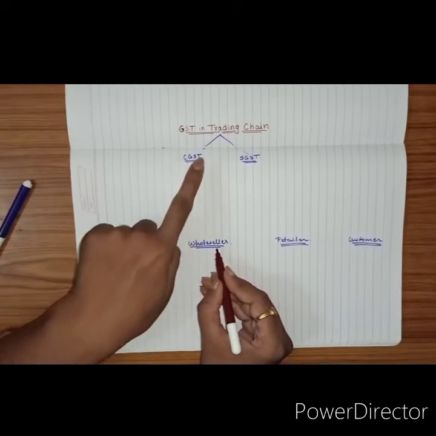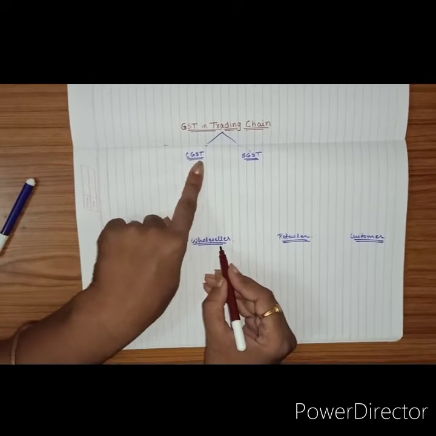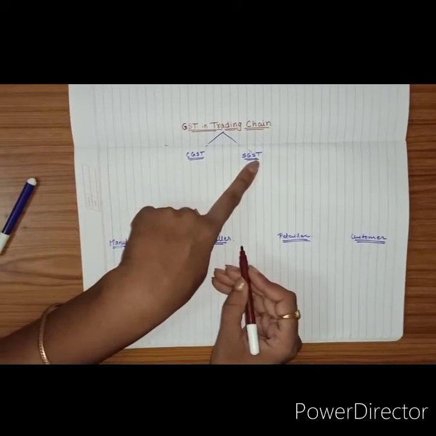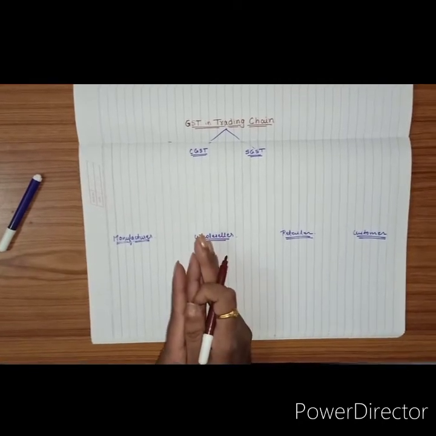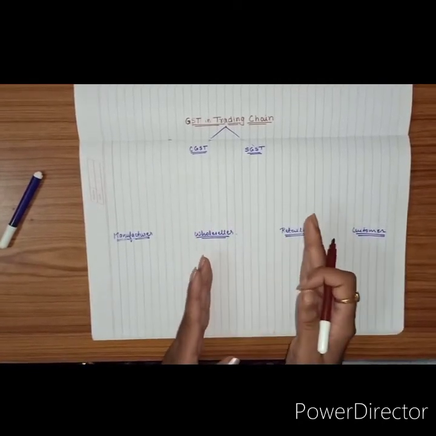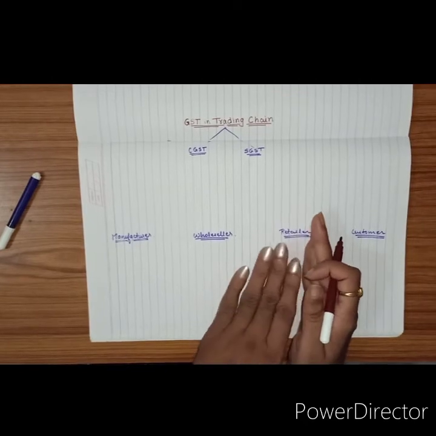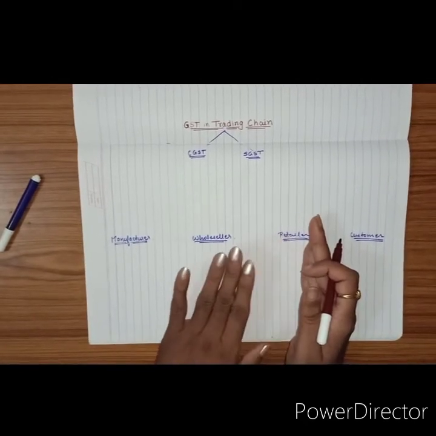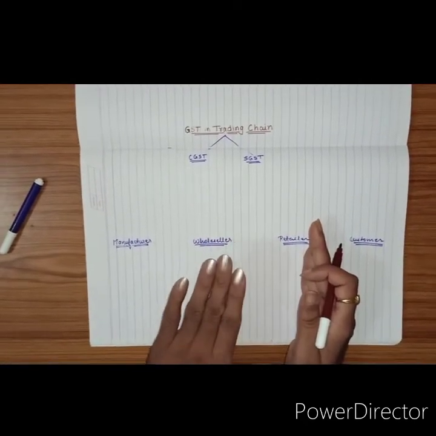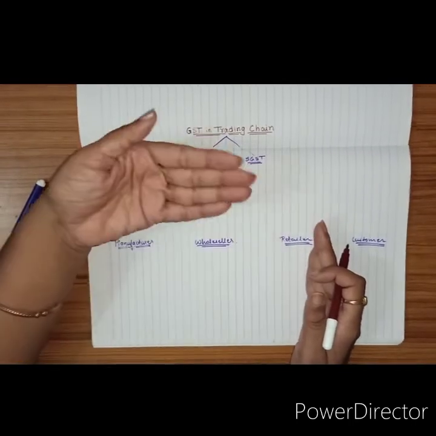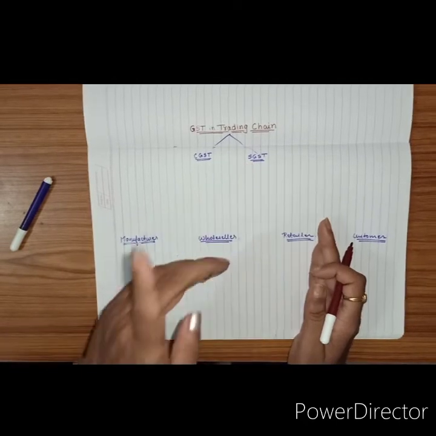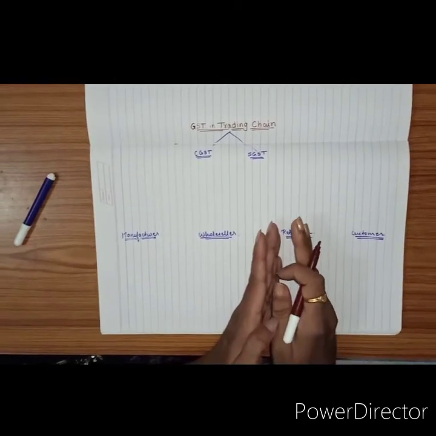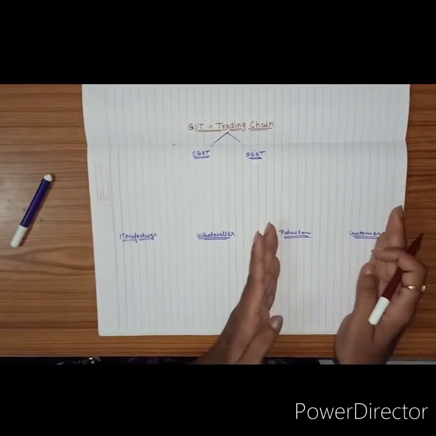Tax will be paid to central government and state government, right? Same way, the wholesaler will sell the item to the retailer. Now here, retailer will be paying the GST to the wholesaler, and in turn this will get added into CGST and SGST, right?